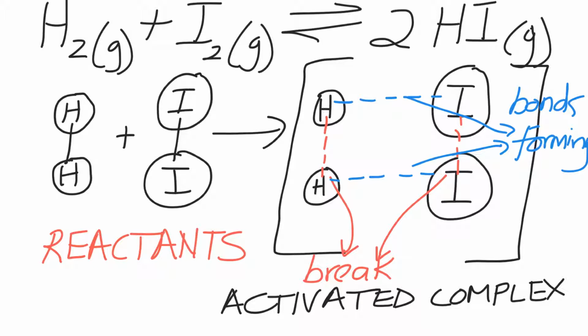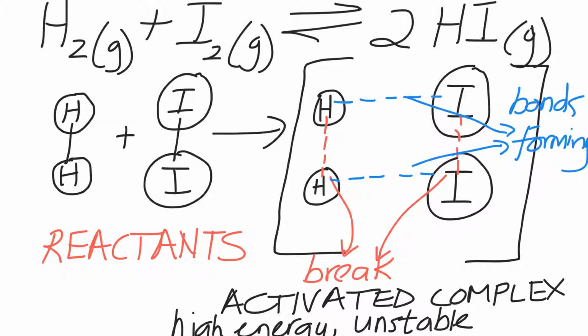And it is a very high energy and a very unstable mechanism, because they are no longer reactants anymore and they are not quite yet products. It's high energy, it's unstable, it's an intermediate between reactants and product where old bonds are breaking and new bonds are forming.